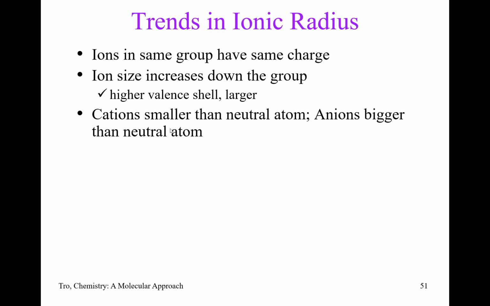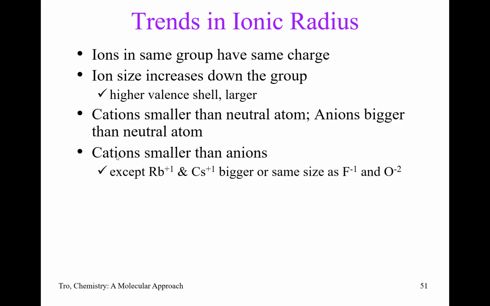The key point on this slide is cations versus anions. What happens? Well, you're adding or taking away electrons, but the number of protons stays the same. So cations are going to be smaller because those outermost electrons are now gone. And anions are going to be bigger because you've added electrons, but the number of protons hasn't changed, right?